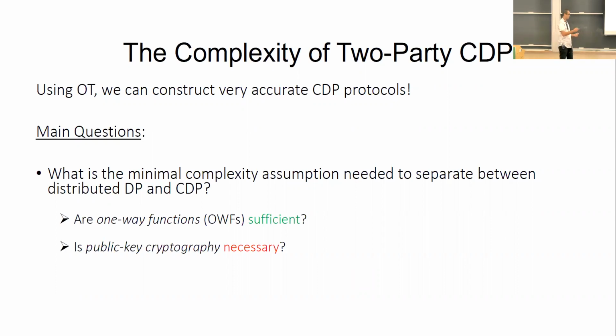And even if public key crypto is necessary, do we have to use heavy secure multi-party computation? Because in general, secure multi-party computation can be very expensive. It doesn't require just one OT call. It requires many OT calls, and usually it's highly impractical.